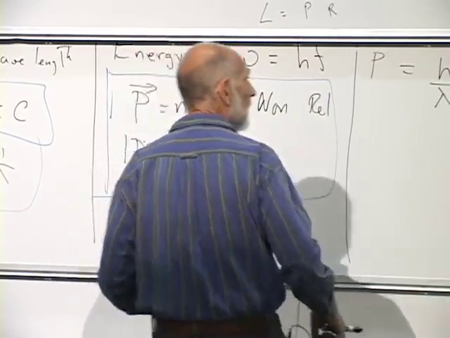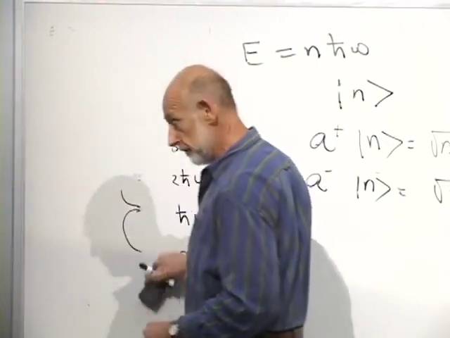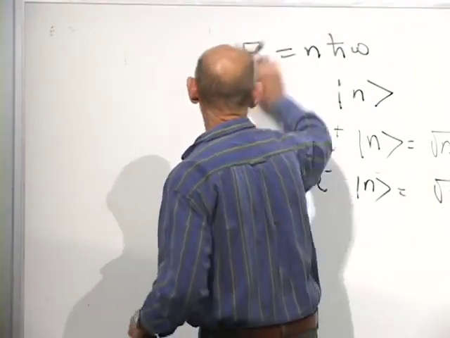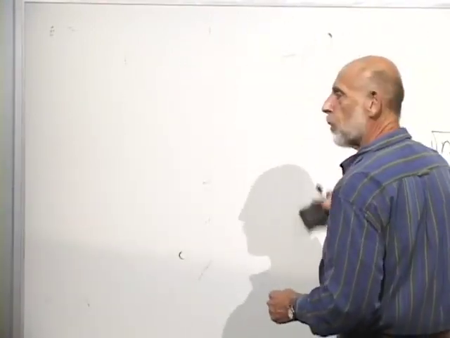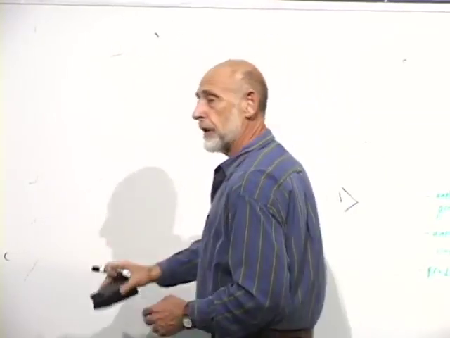But let's come back to this little model of a world on a circle, where we made the world finite by making space a circle instead of an infinite line.